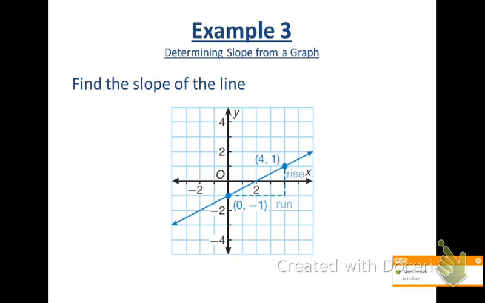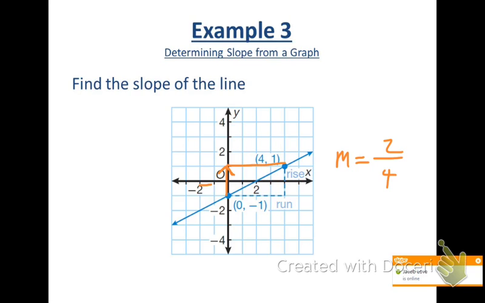All right? So let's do this 2 ways. Let's count the rise and the run. What's the rise and the run of this line? Looks like we're going to rise 2 and run 4. So it looks like our slope is 2 over 4. Now, let's keep in mind here, guys. Listen. Slope is rise over run.